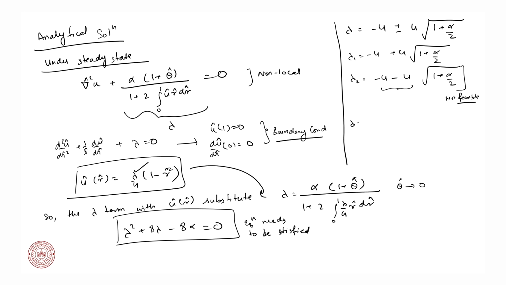Therefore, lambda is equal to minus 4 plus 4 square root of (1 plus alpha by 2). For a case where alpha tends to 0, lambda will be equal to alpha, which means that our u hat of 0 is lambda by 4, and lambda equals alpha.